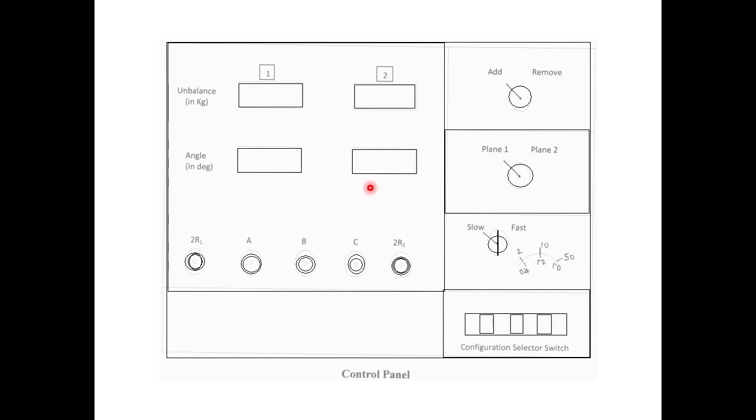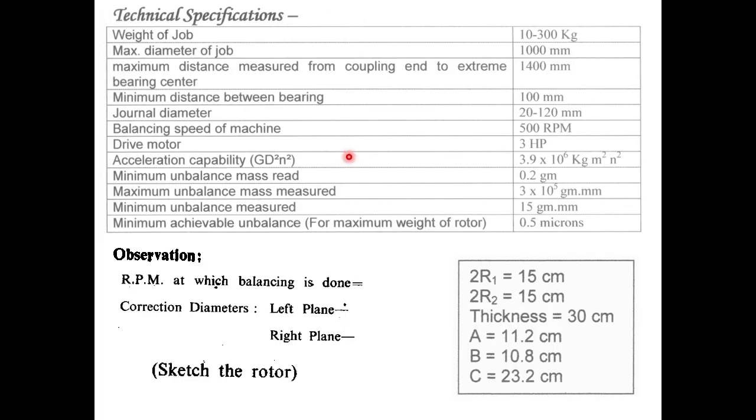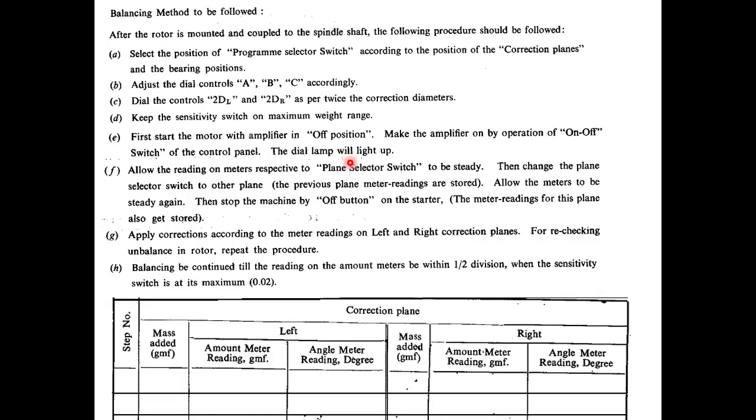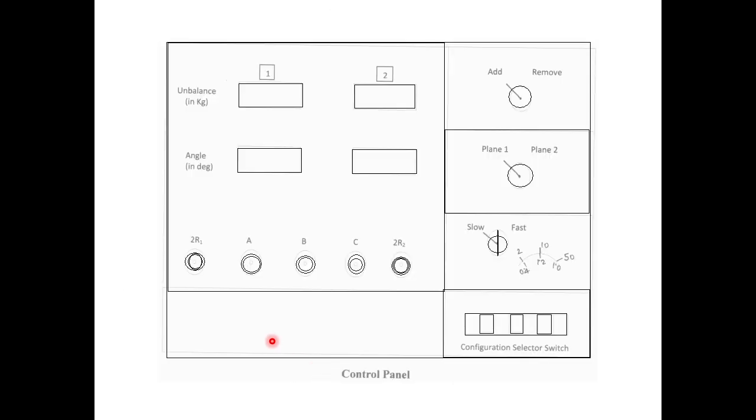Now the unbalance is not corrected in a single run. We need to carry out the experiment some number of times. The observation which we will get is somewhat like this. There is mass added. The correction planes are 1 and 2, say left and right. The amount meter reading and angle meter reading are the readings we are getting from here.